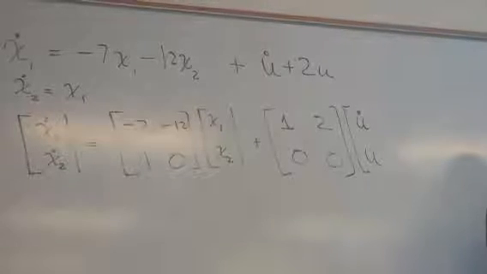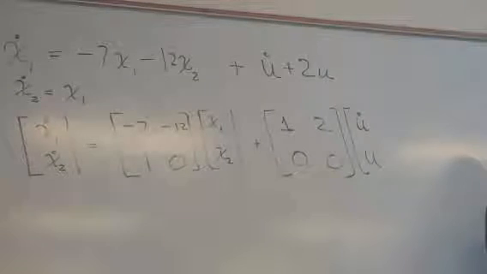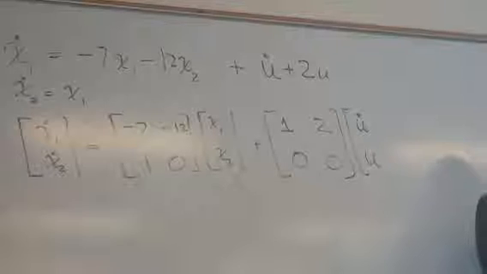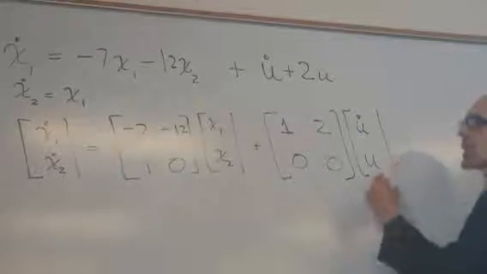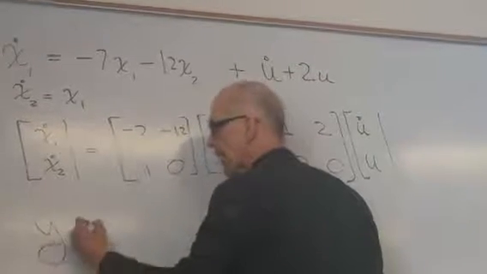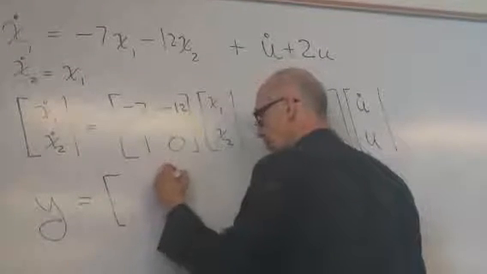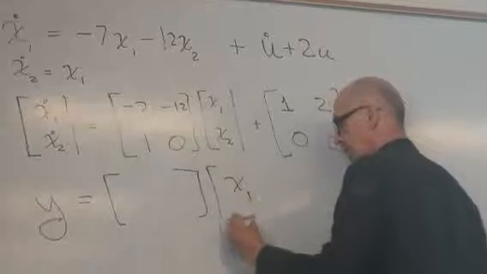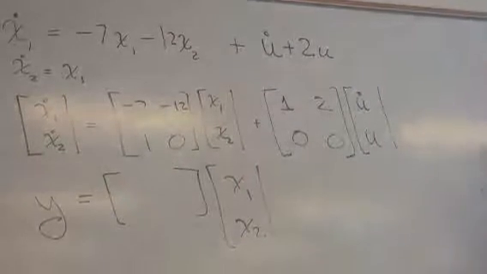So I'm going to call each one of them an input. If I can control u as the input, then I control u dot as the input too. If all I wanted to output here was y, then what would I get? What's that C matrix?